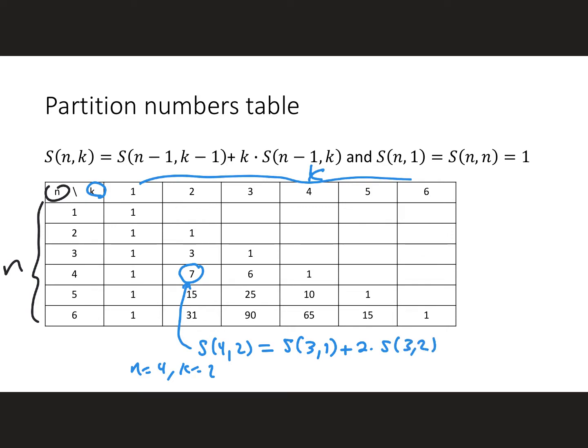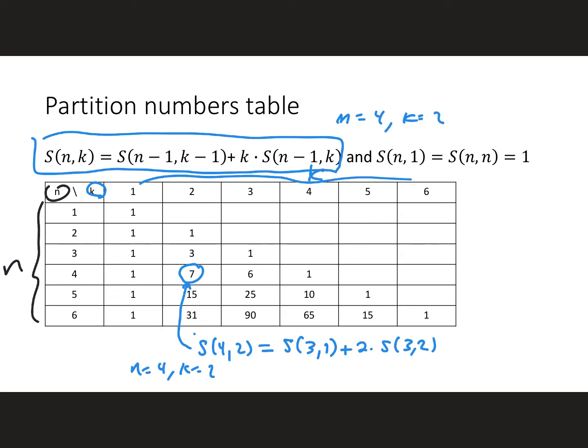Again, I'm just reading that exact thing, but I'm reading it where n is 4 and k is 2. And so if I do that, it says this. Those refer to numbers that are higher up in the table. So S31 is 1, and S32 is 3, and so 1 plus 2 times 3 is 7. So that's where that value comes from.